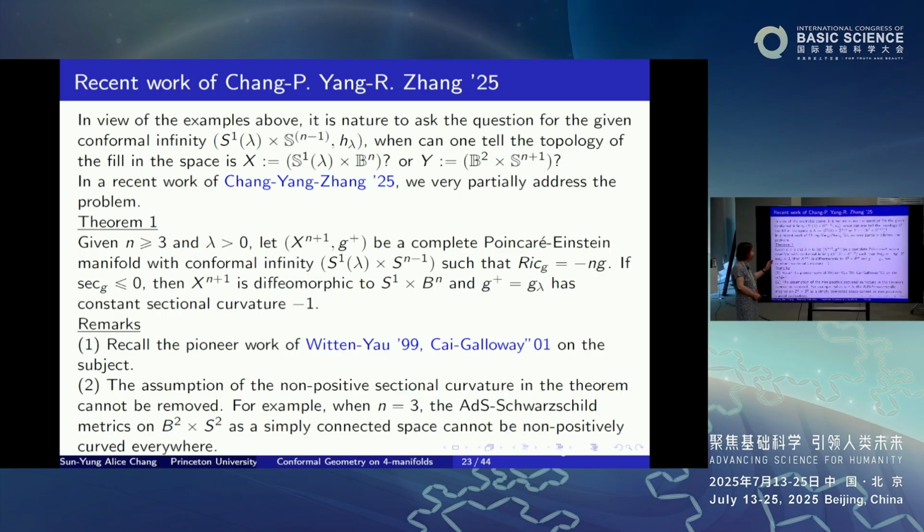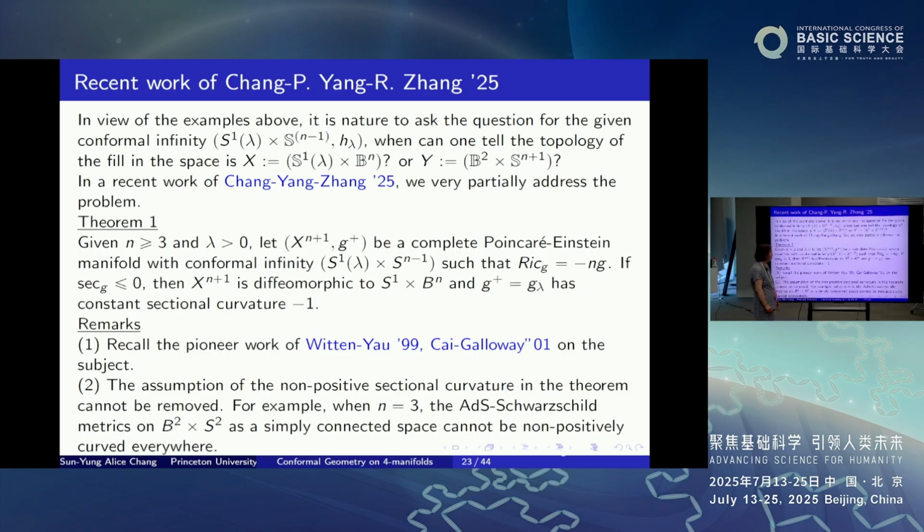So recently we obtained the following result. We say, indeed, if we have a Poincare-Einstein filling in with this conformal infinity, and suppose we have the additional property that the sectional curvature of G plus is negative. Then we know the X n plus 1 is already topologically diffeomorphic to S1 cross Bn.